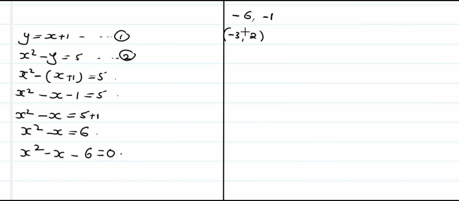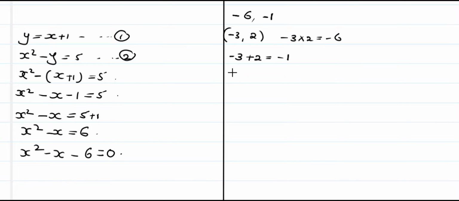Why? Because if I take negative 3 and multiply by 2, I'll get negative 6, this one. Then when I take negative 3 plus 2, I'll get negative 1, which is this one. Now that I have the two numbers, I need to substitute them here.